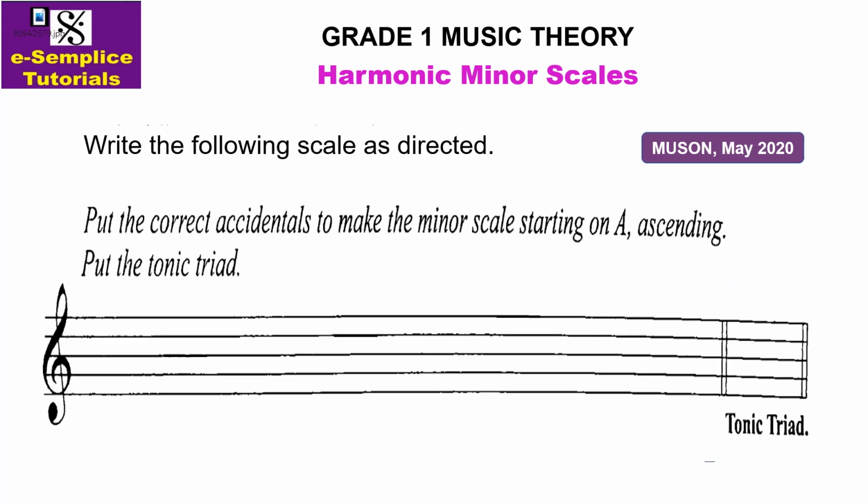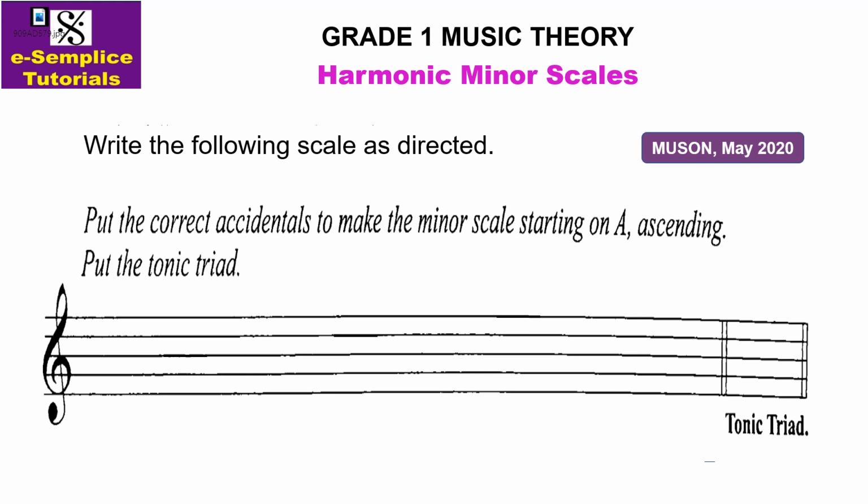Let's take another question from Muson exam, May 2020. The question says, write the following scale as directed. Put the correct accidentals to make the minor scale starting on A. Ascending, put the tonic triad.